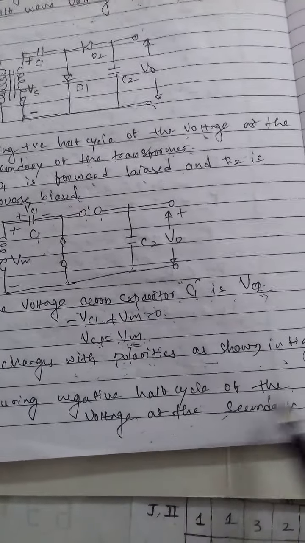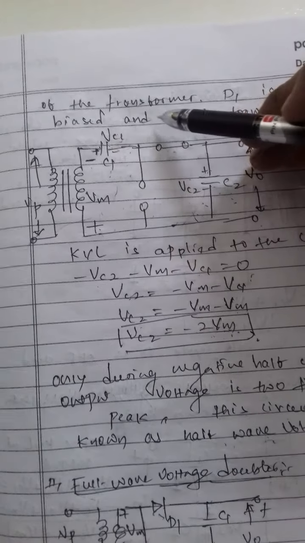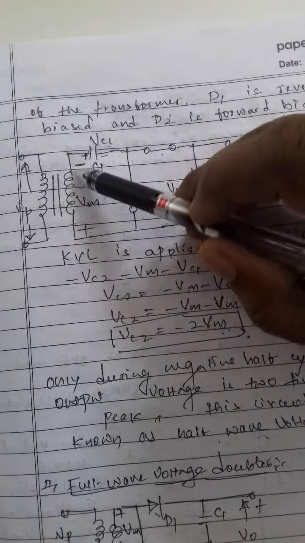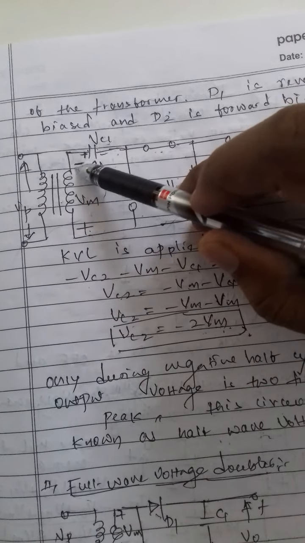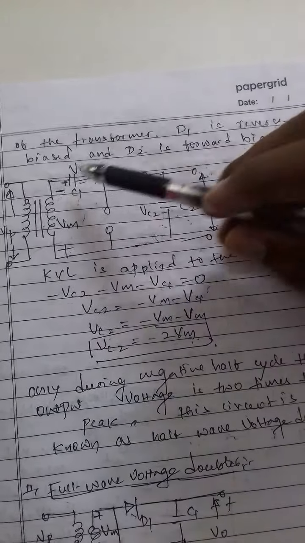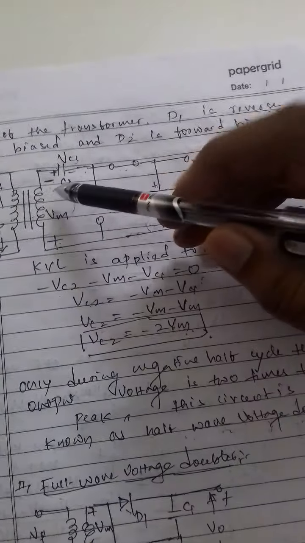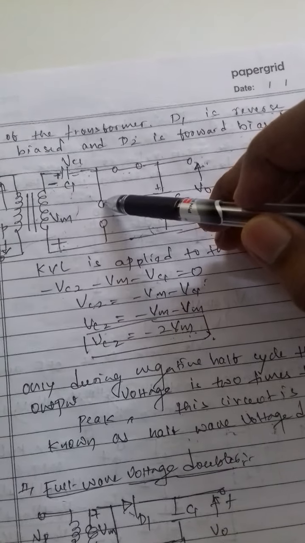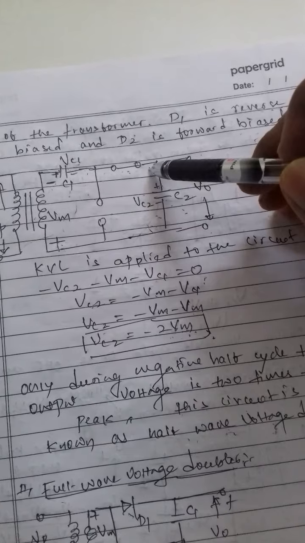During the negative half cycle of the voltage at the secondary of the transformer, this one becomes negative and this becomes positive, so that D1 is reverse biased and D2 is forward biased. D1 is reverse biased, so it is open circuited; D2 is forward biased, so it is short circuited.